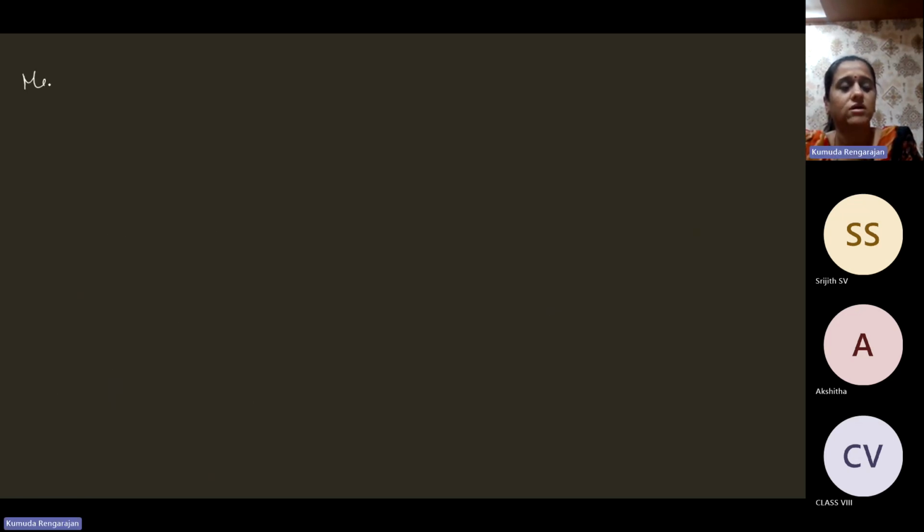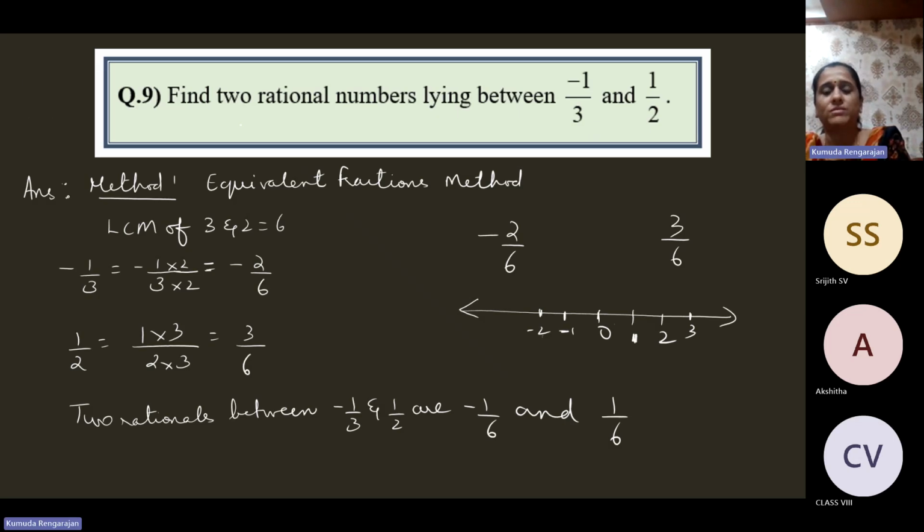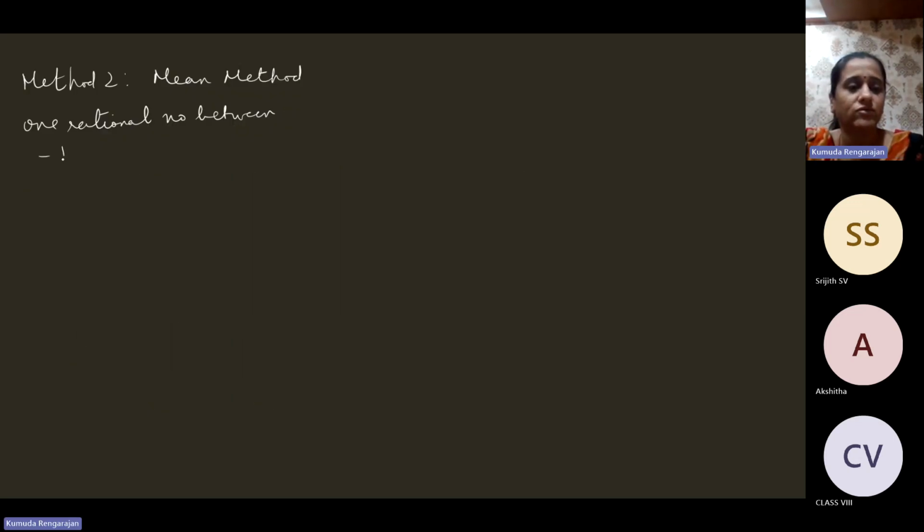Akshita, tell me, how do you work it using the mean method? Okay, see here. One rational number between -1 by 3 and 1 by 2 is equal to, add the two numbers and divide by 2.